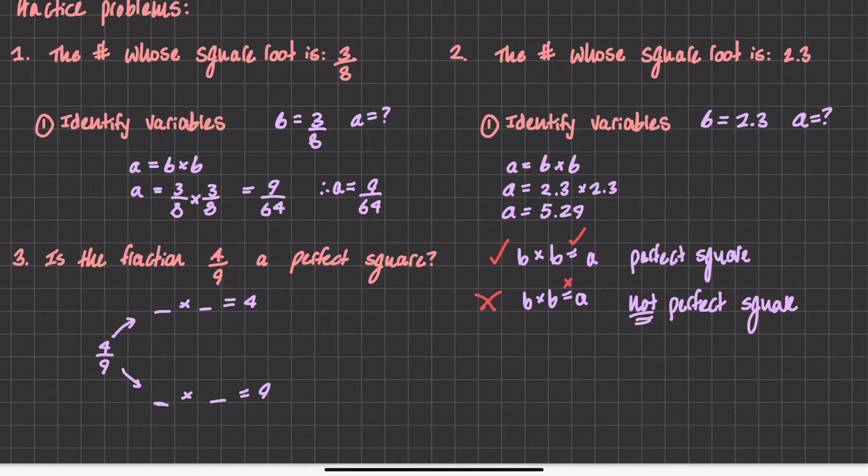So for 4, pretty easy, we can think 2 times 2 is equal to 4. Therefore, we have a b for the numerator, or a number times a number that will give us the numerator. In the denominator, we can think of that number as 3. 3 times 3 is equal to 9. So therefore, both the denominator and the numerator have a b value, or a number times a number that equals the number given. So whether that be 4 or 9.